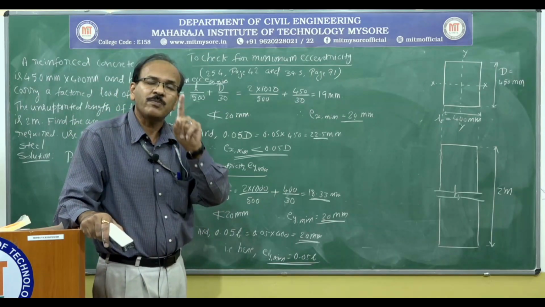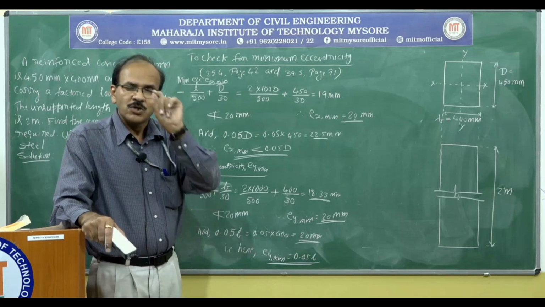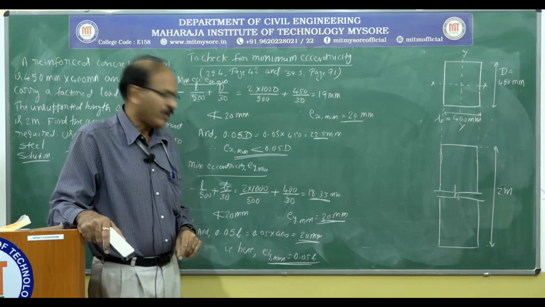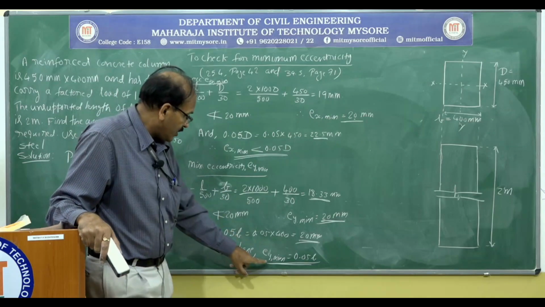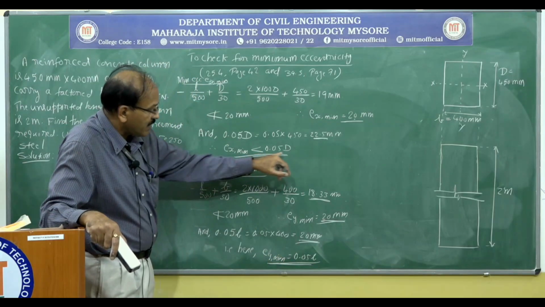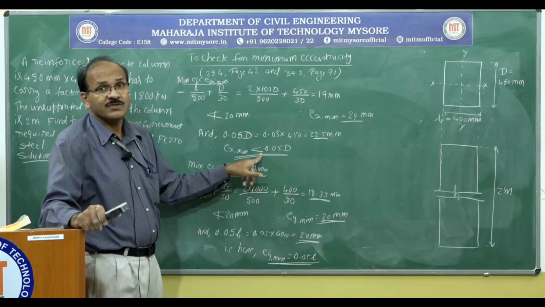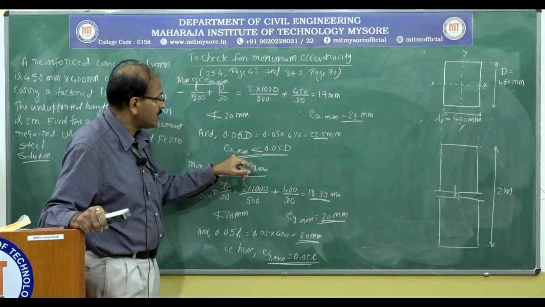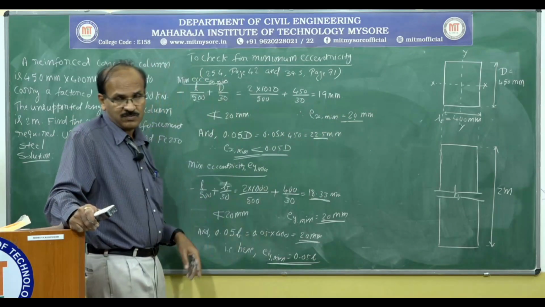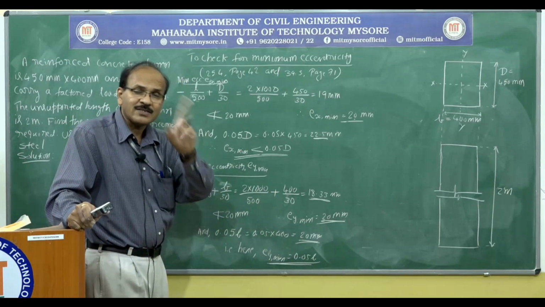What is that formula? Pu equals 0.4 fck Ac plus 0.67 fy Asc. Again I am going to explain this. Ex minimum is less than or equal to 0.05 D, that's what the code says. In this case this value is less than this value. In the other case this value is equal to this, which is also acceptable.